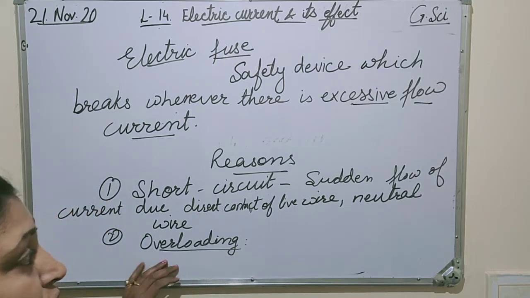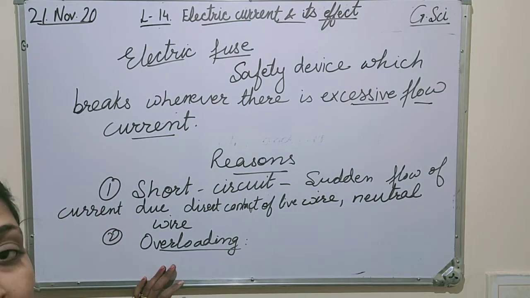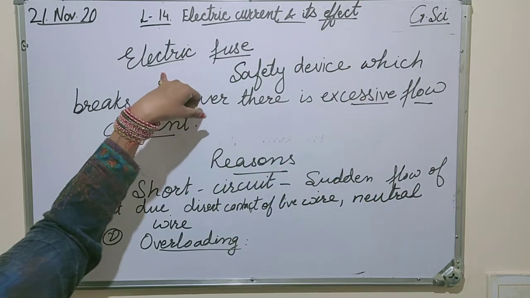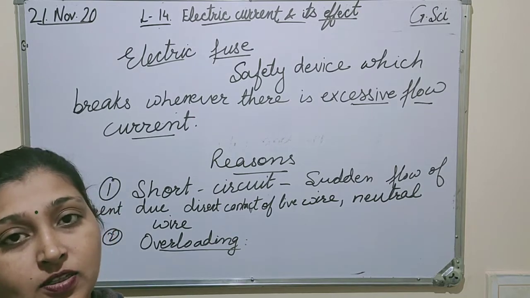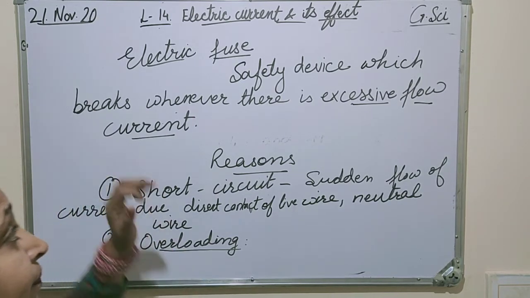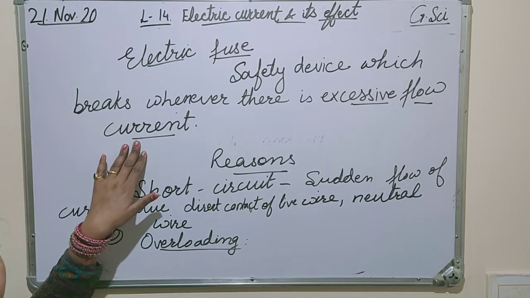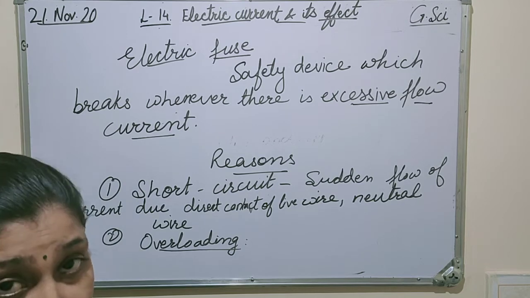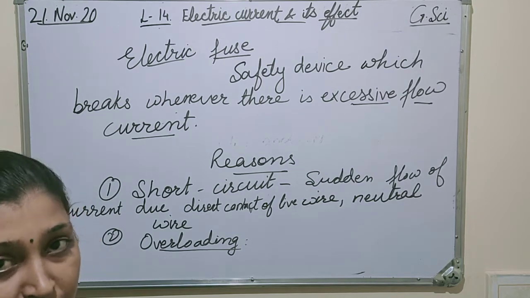That will cause overloading and excessive flow of current, and the fuse will help in that case also. The fuse wire will melt, and your system and appliances will be protected, otherwise they all get damaged.